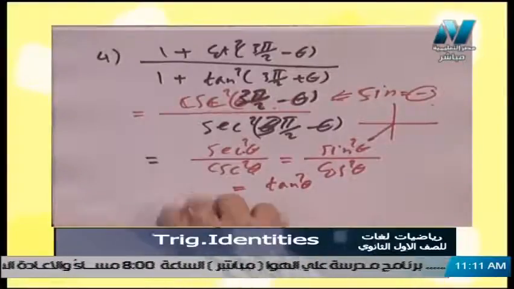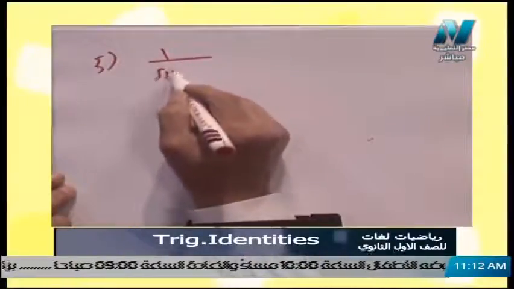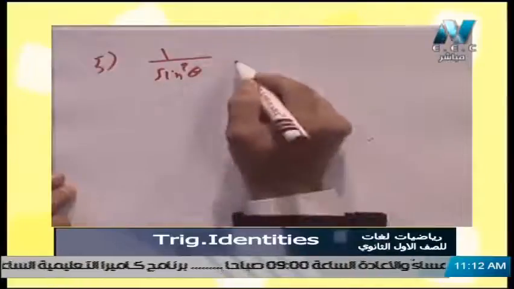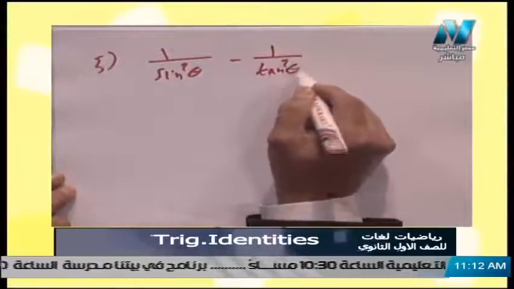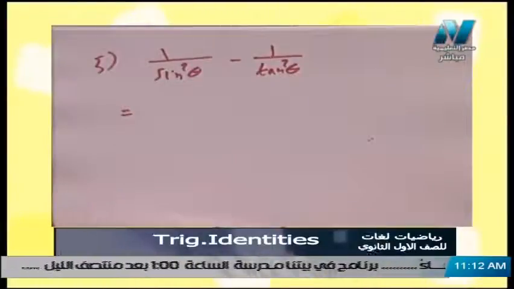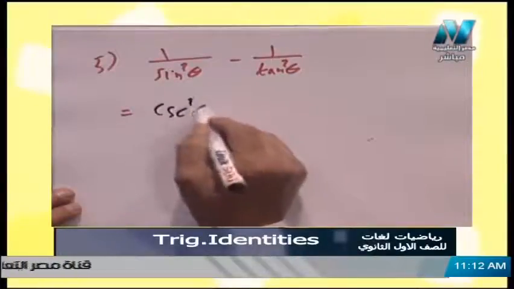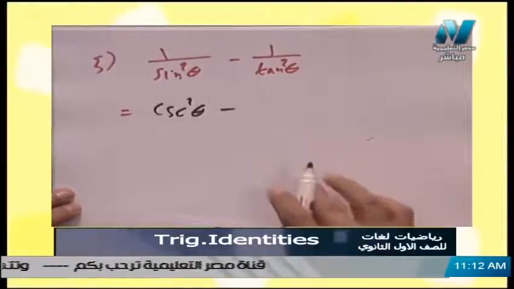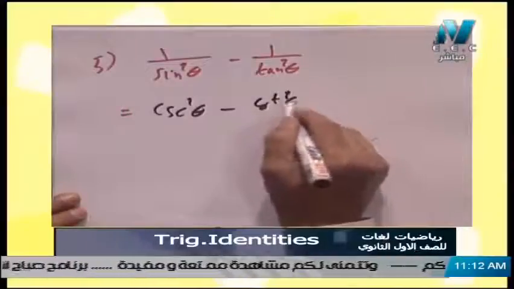Let's move to another expression to simplify: 1 over sine power 2 theta minus 1 over tan power 2 theta. We know that 1 over sine power 2 theta is cosec power 2 theta, and 1 over tan power 2 theta is cotan power 2 theta.